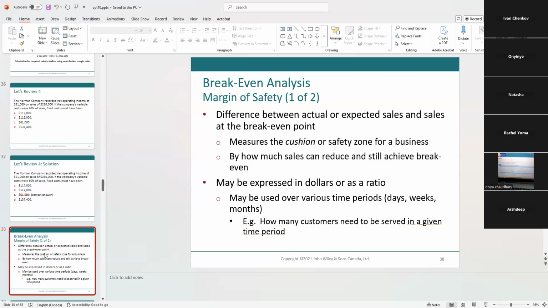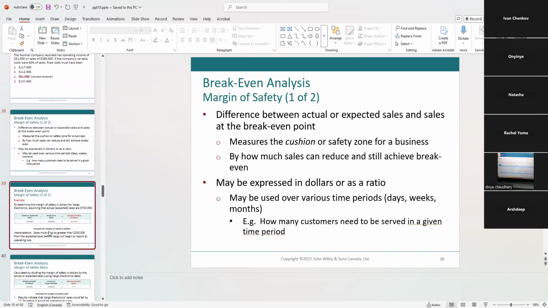Margin of safety. What was margin of safety? Margin of safety is simply a calculation between where we are compared to the break-even point. So in this company, let's see where they are.